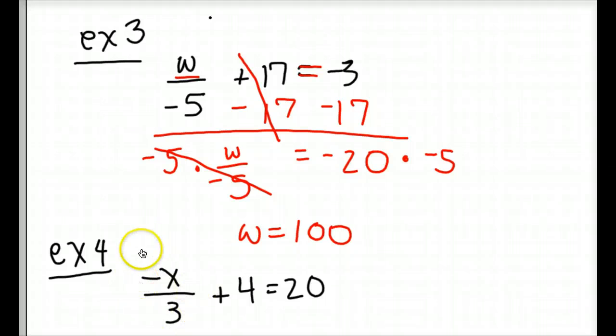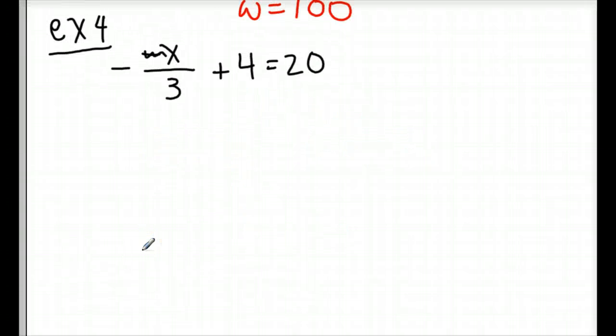Either way, this fraction is going to be a negative fraction. So if we wanted to relocate this negative, we could basically just say, oh, this is just negative w over 5, and this is just negative x over 3. It doesn't really matter where the negative is, as long as you know that that fraction is negative.